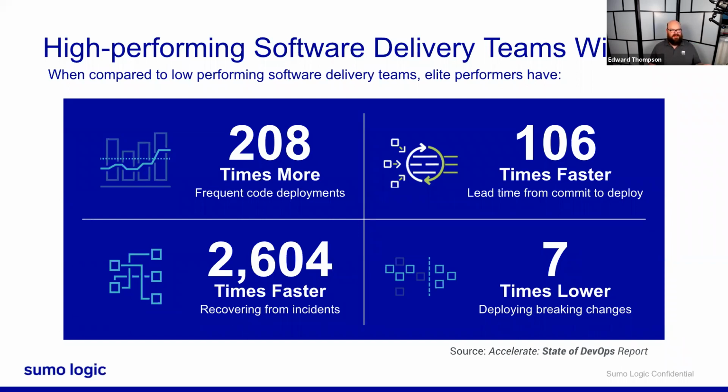And when compared to low performing delivery teams, elite performers deploy more frequently, deploy much faster, 106 times faster from commit to deploy. They are far, far, far faster at recovering from incidents, and they deploy fewer breaking changes, so 7x lower. And that's from the State of DevOps report from DORA.